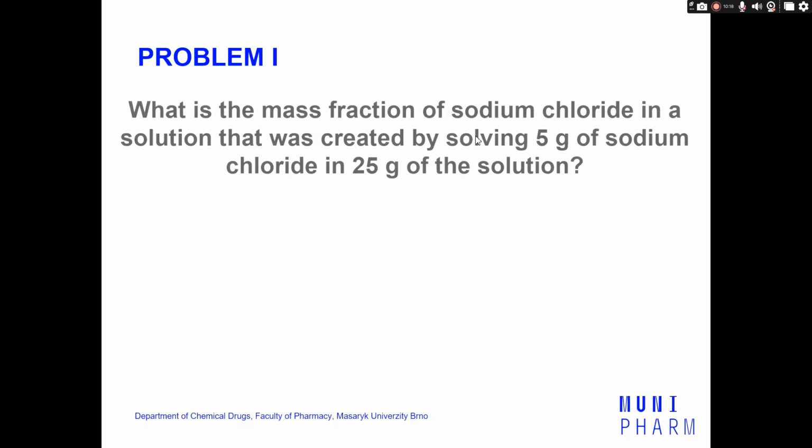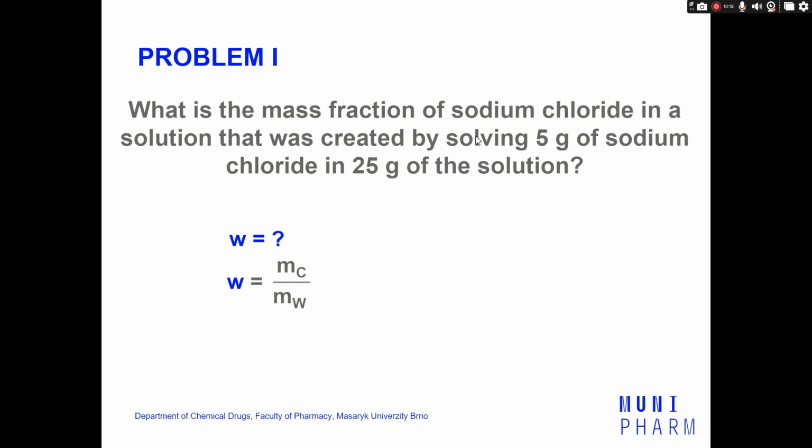What is the mass fraction of sodium chloride in a solution that was created by dissolving 5 grams of sodium chloride in 25 grams of the solution? Our unknown is the mass fraction W. And we have said that we calculate the mass fraction as a quotient of mass of the component, that means sodium chloride in this case, divided by the mass of the whole solution, sodium chloride and water in this case.